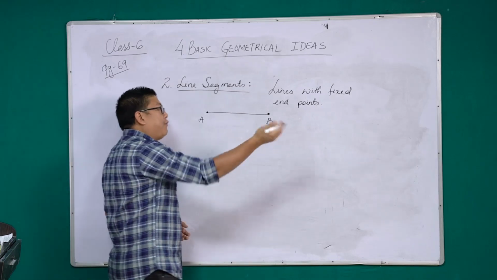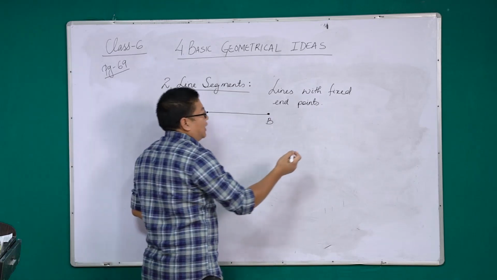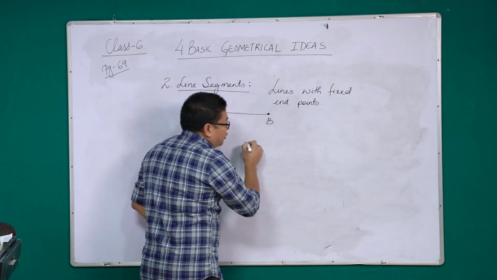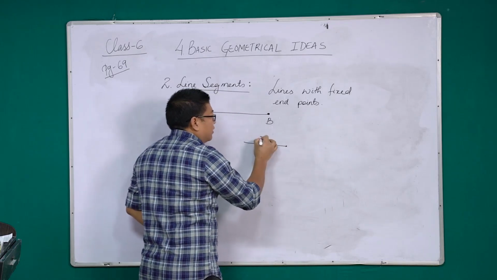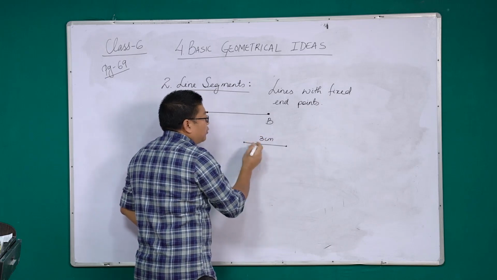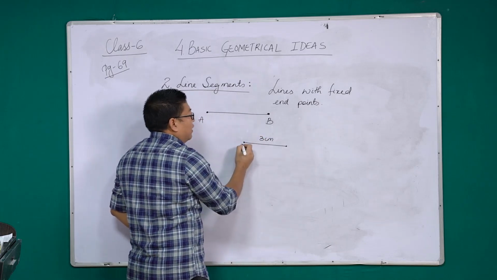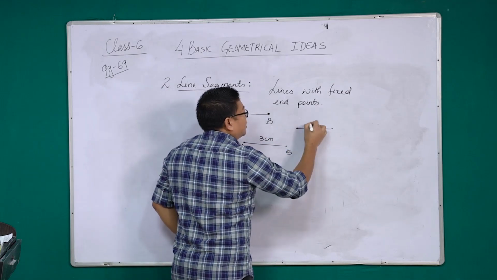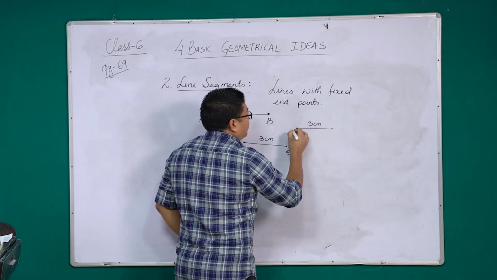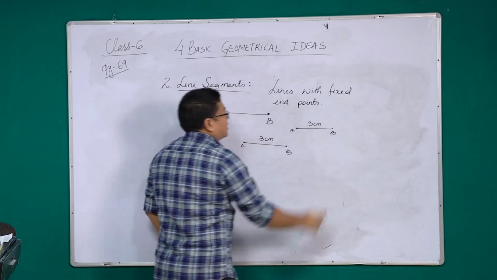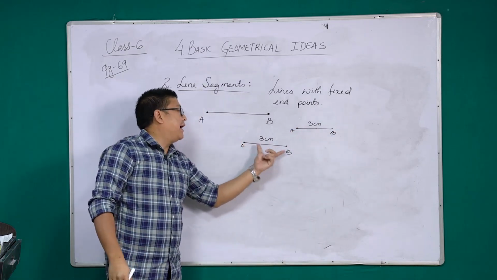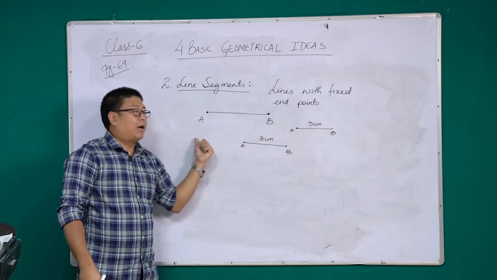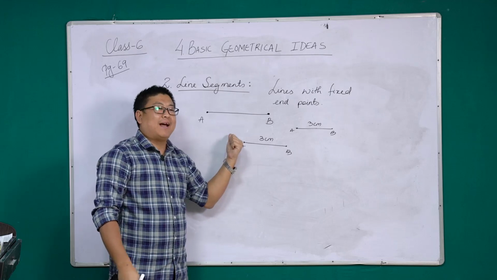For example, if you're asked to draw a 3 centimeter line segment, then you will take your scale and draw 3 centimeter. You're not going to go beyond 3 centimeter on your scale. Wherever you take the measurement, it's still going to be 3 centimeter. That means the line will not exceed the fixed endpoints. I hope this is clear. This is all about line segments.